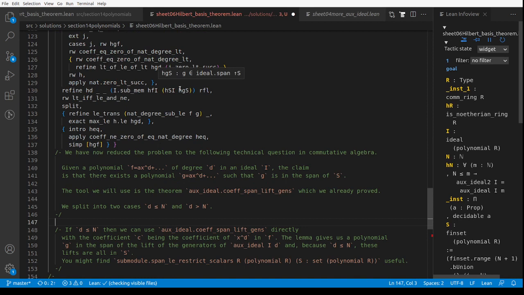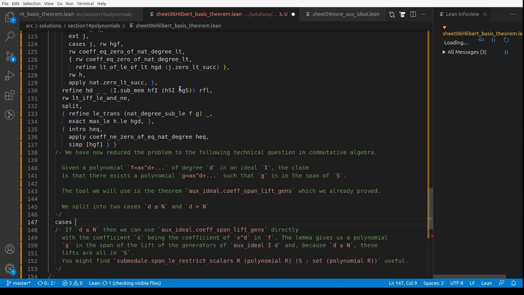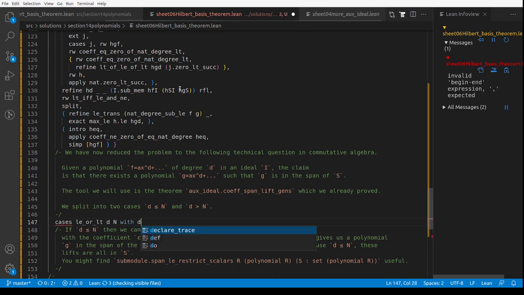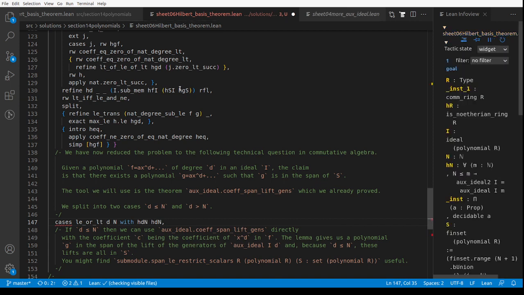So let's do cases. What will this be called? LE or LT? DN with HDN. HDN, how about that? Oh, rotten luck.